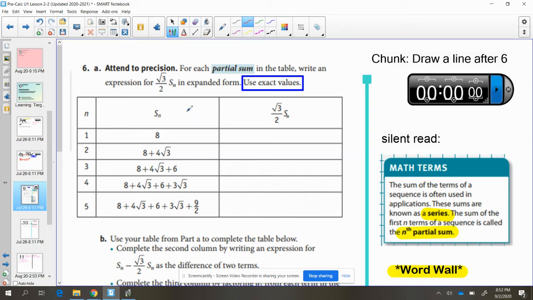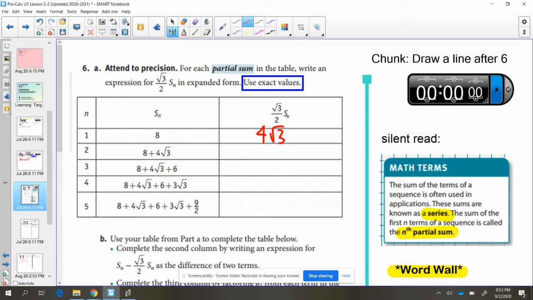Now, in order to derive this particular formula, we're going to start with taking our sequence that we've been talking about for the past 2 lessons, S sub n, and we're going to multiply those partial sums by the square root of 3 over 2. So if you take 8 and multiply it by the square root of 3 over 2, you get 4 square root 3.